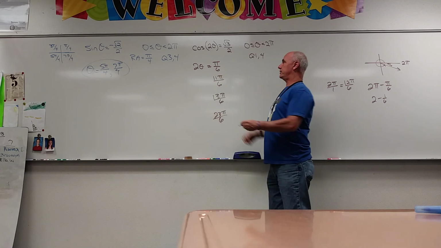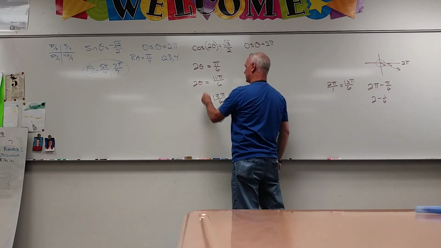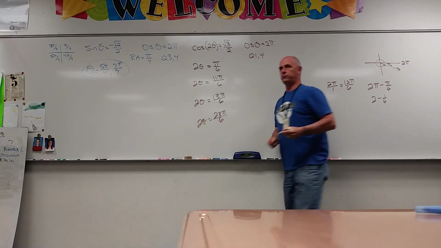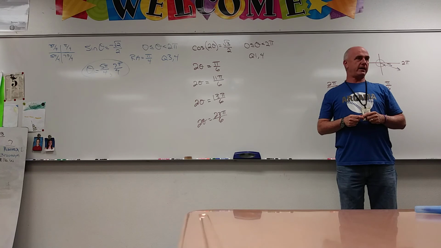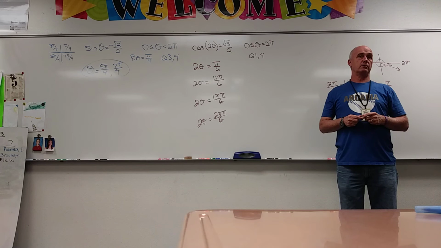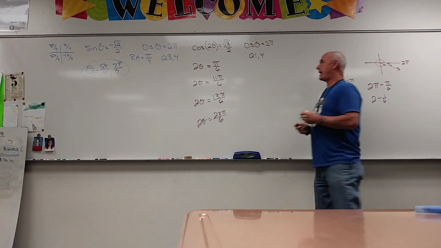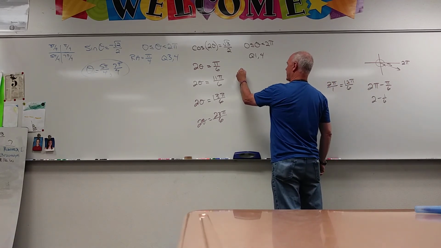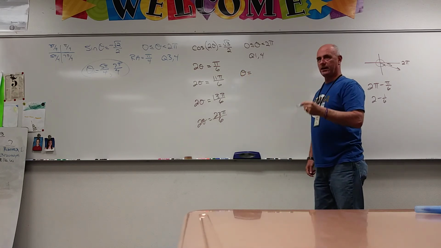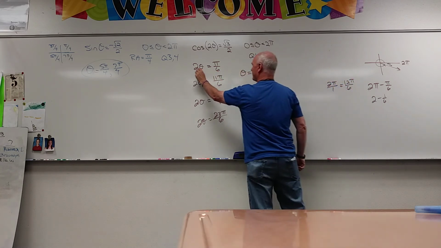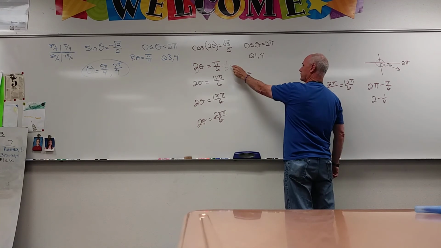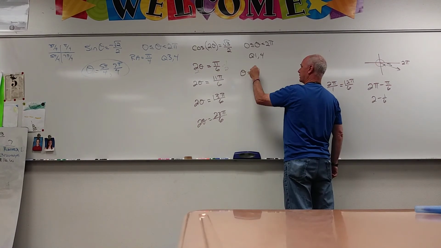So 2 theta is pi over 6, and 2 theta is 11 pi over 6, and 2 theta is 13 pi over 6, and 2 theta is 23 pi over 6. If we want theta, we'll have to divide by 2, which is the same thing as multiplying by 1/2. And what's the simplest way to multiply by 1/2 or divide by 2 if we're talking about a fraction? Double the denominator. So this will give us pi over 12.